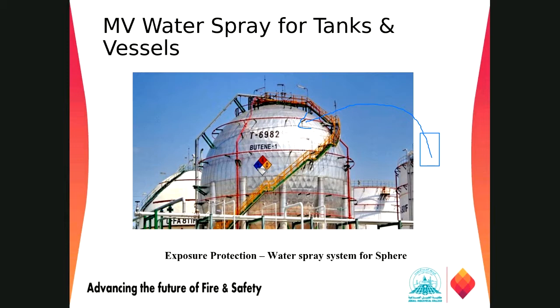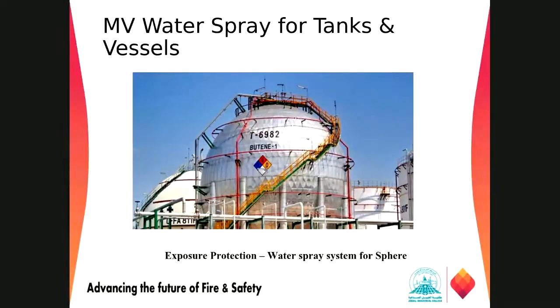So the water spray system is the combination. It needs a deluge valve to operate in case of fire. This is your question. Yes, it should be with the pipe.